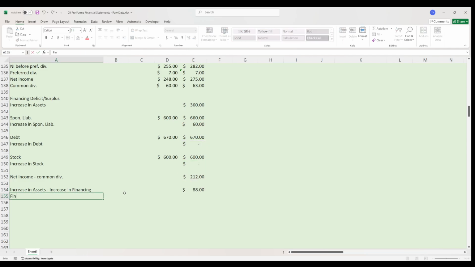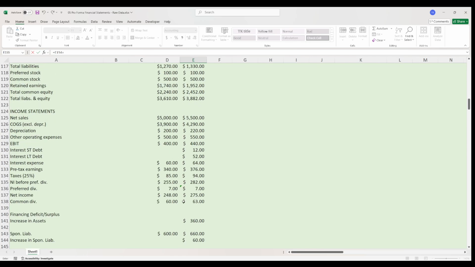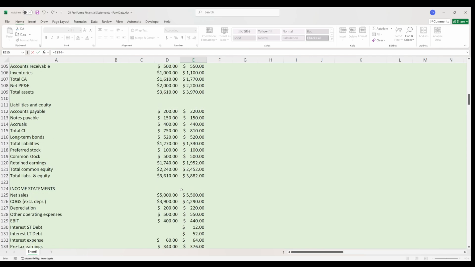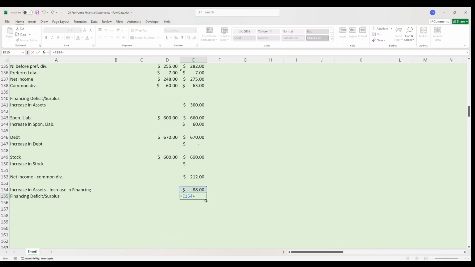And then the financing deficit or surplus is going to be determined by this number, the increase in financing that is not enough for increasing assets, plus the previous balance of line of credit, right? Because you have to pay the line of credit back during the year, then raise additional 88. So I have to add to the previous line of credit.